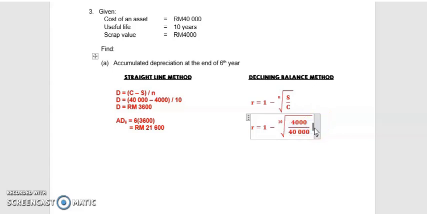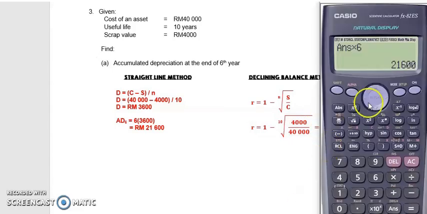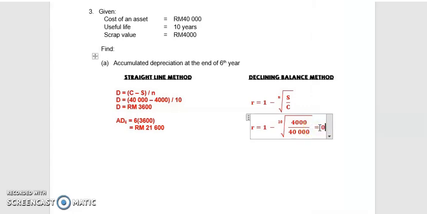So R is 1 minus the 10th root of 4,000 divided by 40,000, which gives 0.2057. You take 4 decimal points, so 0.2057.